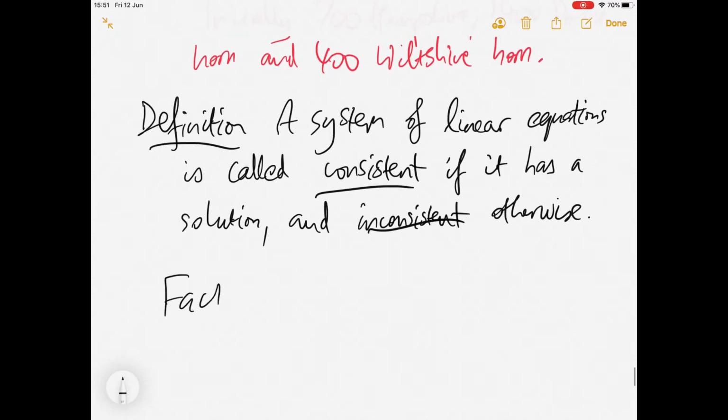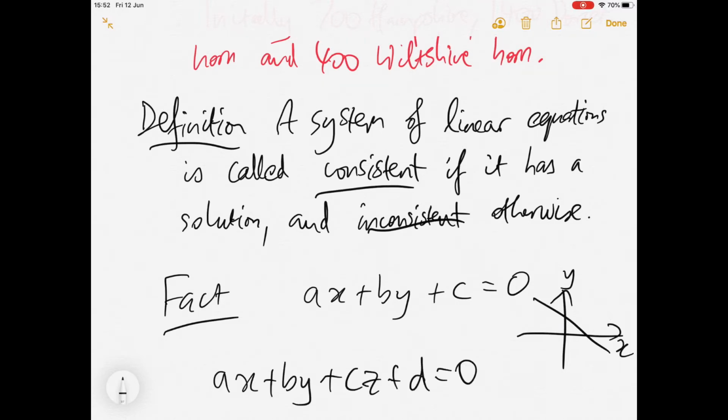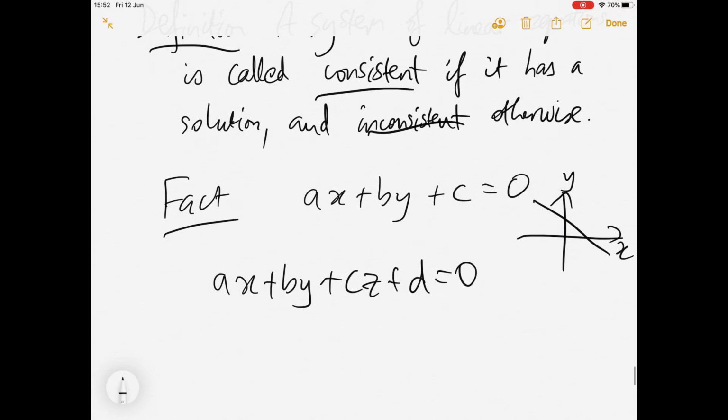A fact, which we'll talk more about later in chapter 9, is that if we have ax plus by plus c equals 0, this is the equation of a line in the plane, the xy plane. If we have ax plus by plus cz plus d equals 0, what is this?